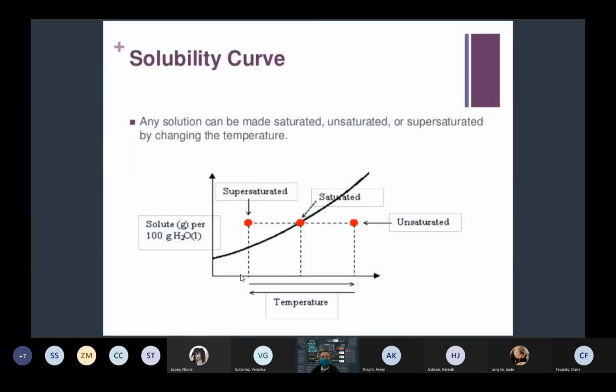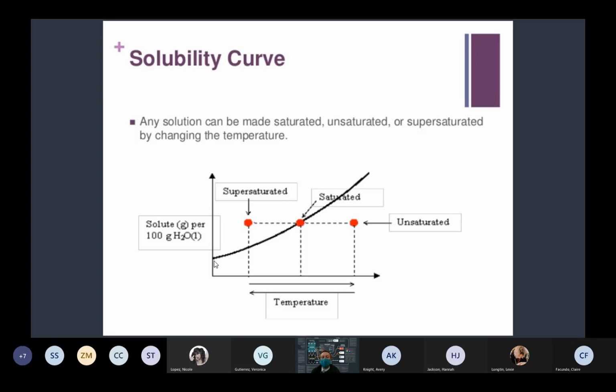Solubility curves are usually given with the x-axis as temperature and the y-axis as solute in grams per 100 grams of solvent. And the curve here, the actual line, tells us the saturation point of our solution at a given temperature.